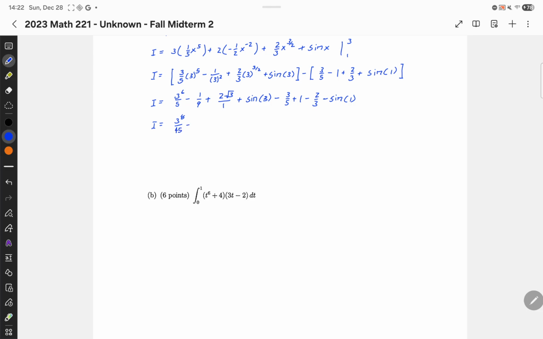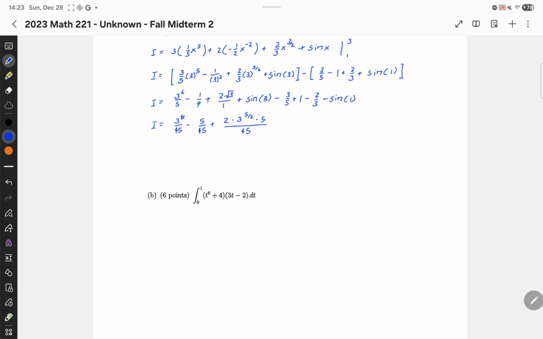This is minus, we'll get 5 over 45 for this one, plus this is going to be 2 times, we're multiplying by 9, so this 3 to the 1/2 will turn into 3 to the 5/2, sorry. And then we're going to multiply by 5, divide everything by 45.